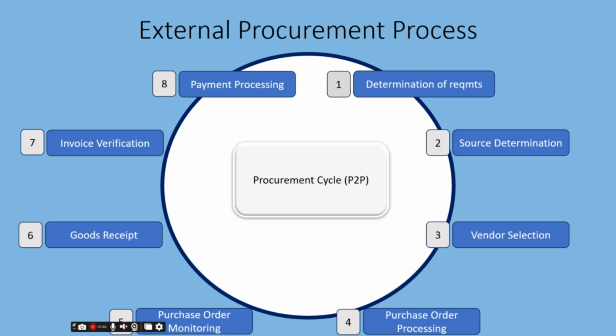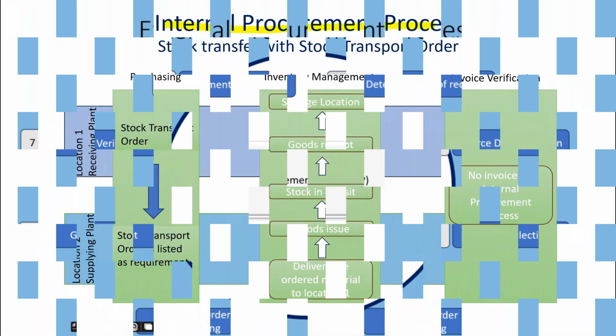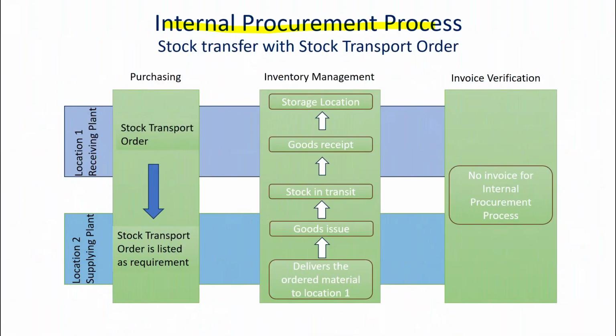The first, second and third steps cannot happen repeatedly, because it is for the first time that we determine the requirement, determine the source, and then select the vendor. Once we fix the vendor, we can directly create a purchase order in the next and future procurement cycles and send it to the vendor.